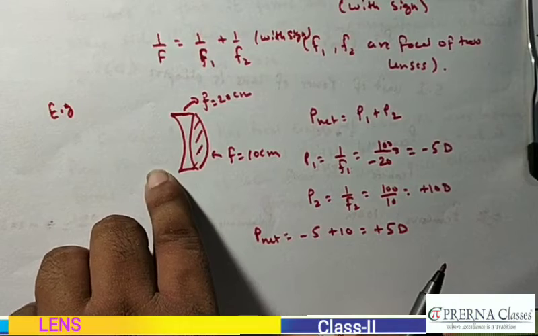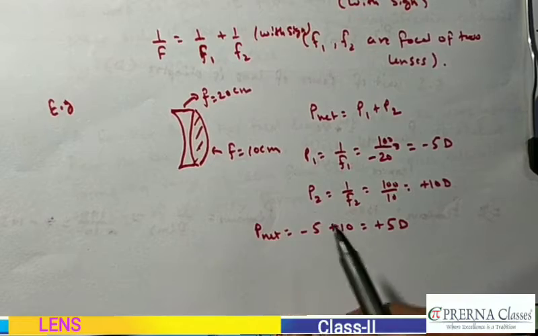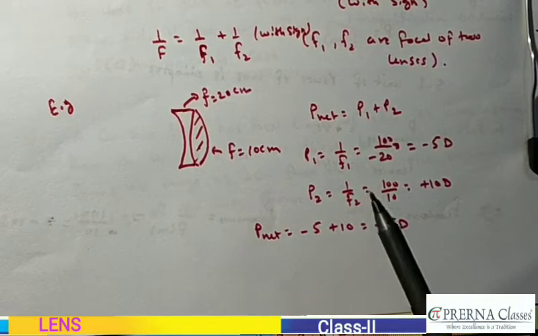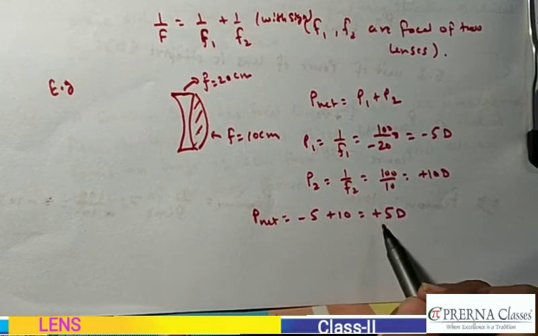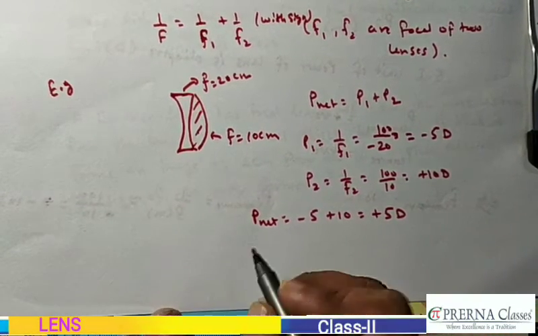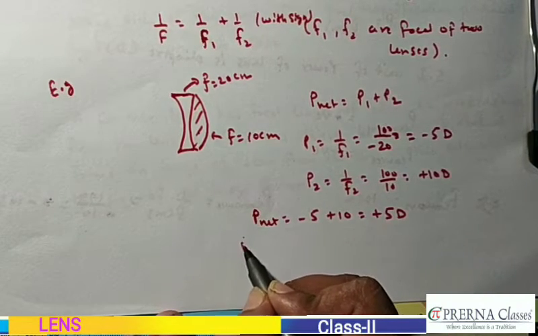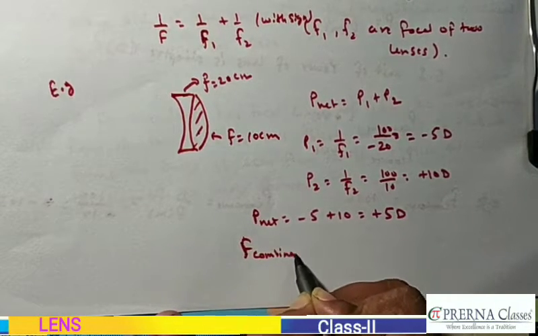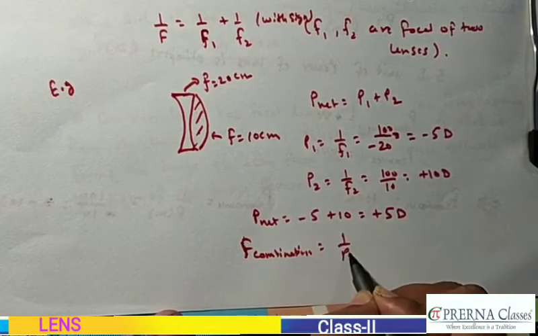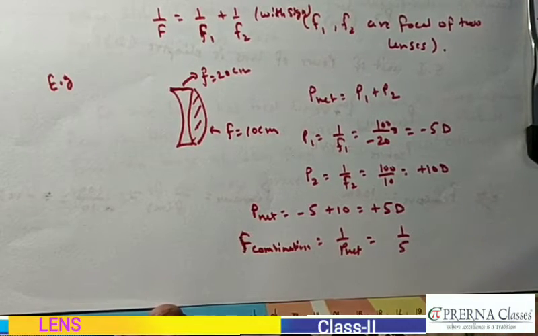That means this combination will behave as a convex lens, and the power of this combination will be 5 diopter. Suppose I want to find the focal length of this combination. F combination will be 1 by P net, that is 1 by 5 meter.